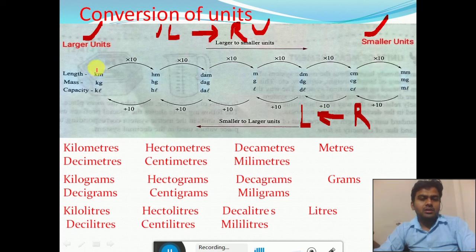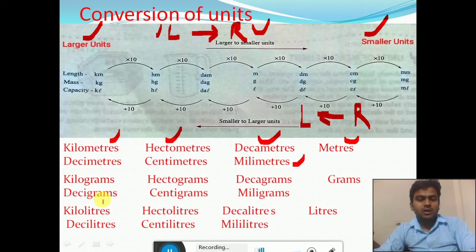Now here the short forms are written: km, kg, kl, hm, hg, hl, dam, dag, dal. For all the short forms I have written their full form here. km means kilometer, hm means hectometer, dam means decameter, m for meter, dm for decimeter, cm for centimeter, and mm for millimeter.